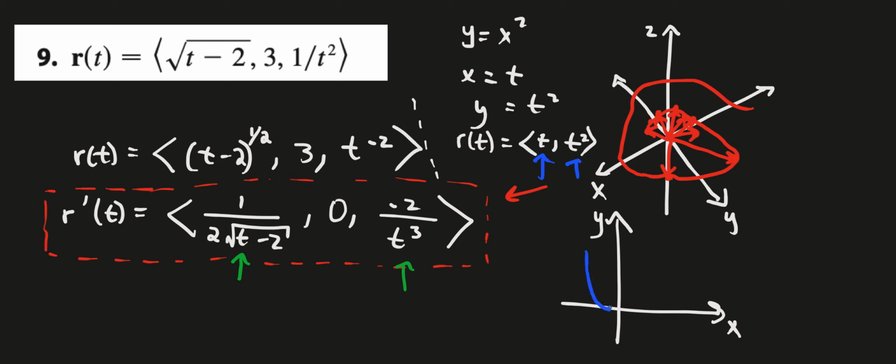Okay, let me do the real points. Why not? If we do 0, we get 0, 0. So that would be just like a vector with the magnitude of 0. And then if we do 1, we'd get 1, 1. So that's 1, 1 here. So this is a vector that's going to point to this location. Hope you see that.